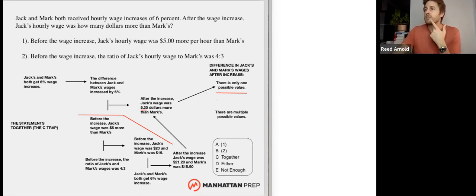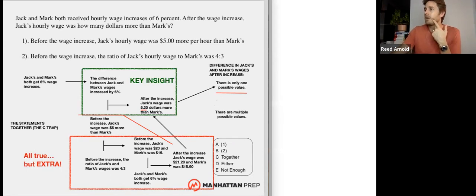The trick of the C trap is that I don't need to know everything. If I know everything, I can answer the question, of course. But the GMAT loves situations where you can answer a question without knowing everything. And it's all in this extra stuff up here. Yeah, you can build a lot of inferences from it.